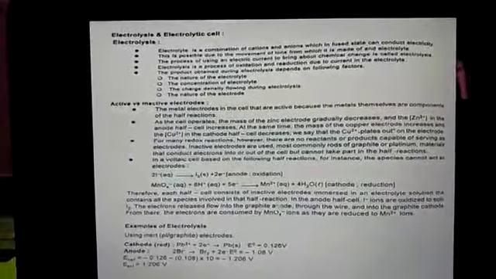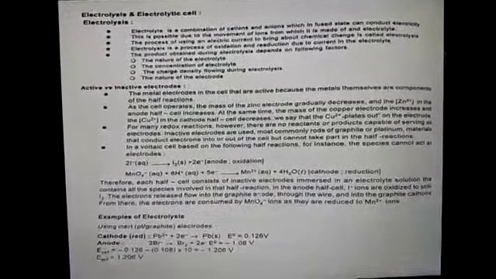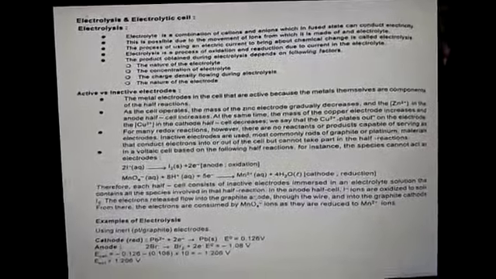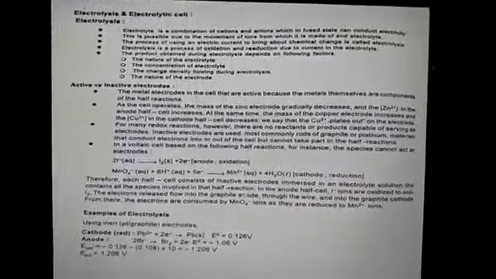The product of electrolysis depends upon the various other oxidizing and reducing species present in the electrolytic solution. The product of electrolysis also depends on the state of the material being electrolyzed. The products obtained by the electrolysis of molten NaCl, concentrated aqueous solution of NaCl, and diluted aqueous solution of NaCl are different.